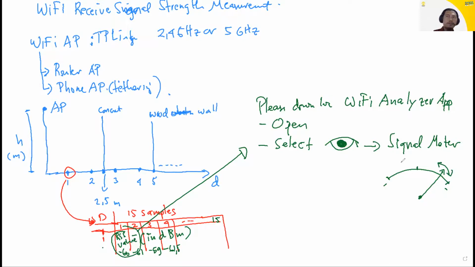This arrow will change randomly, and you take a value every 2 seconds, and then you conduct it like this until you change the distance regularly: 1 meter, 2 meter, 3 meter, and so on. Okay.